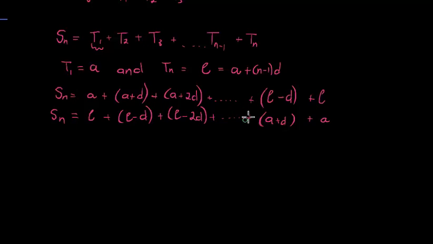Now all you do is you say this is equation 1, that's equation 2, and we're just going to add them together. So this is now Sn, and Sn will give me 2 Sn's. A plus L will give me A plus L. What will A plus D plus L minus D give me?